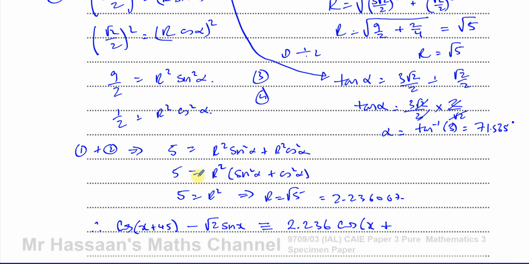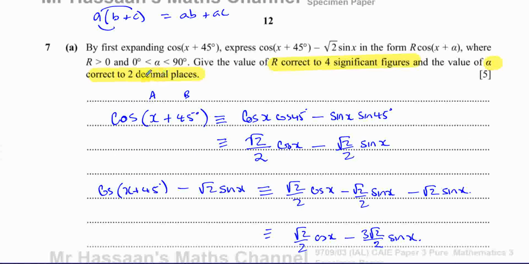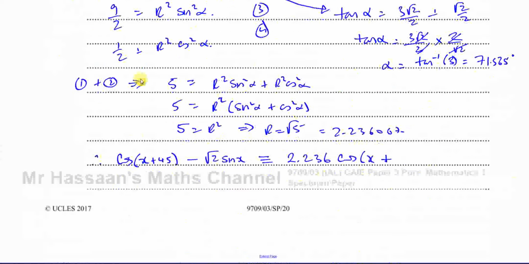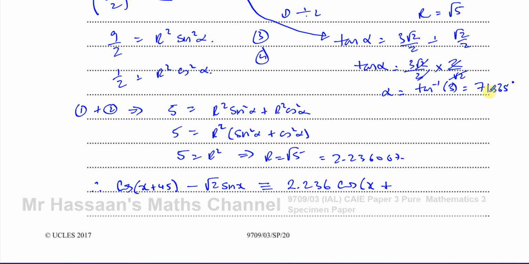Just make sure: yeah, 4 significant figures and 2 decimal places. So 2 decimal places will be 71.57 degrees. So there is the answer to our question. Okay, we've shown that, and that's the answer to that part of the question.